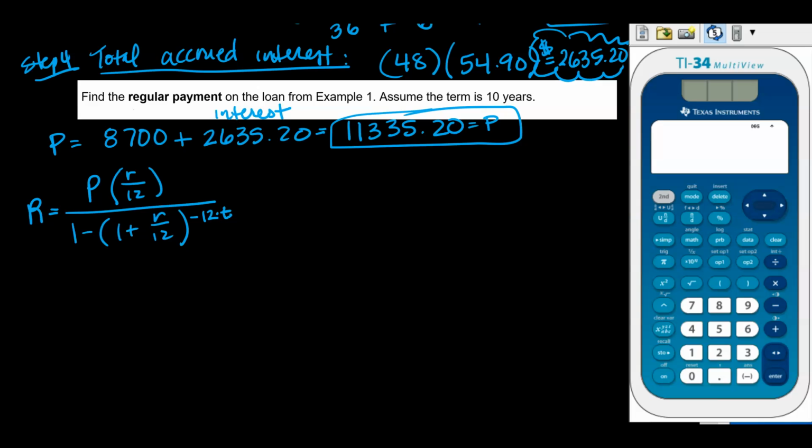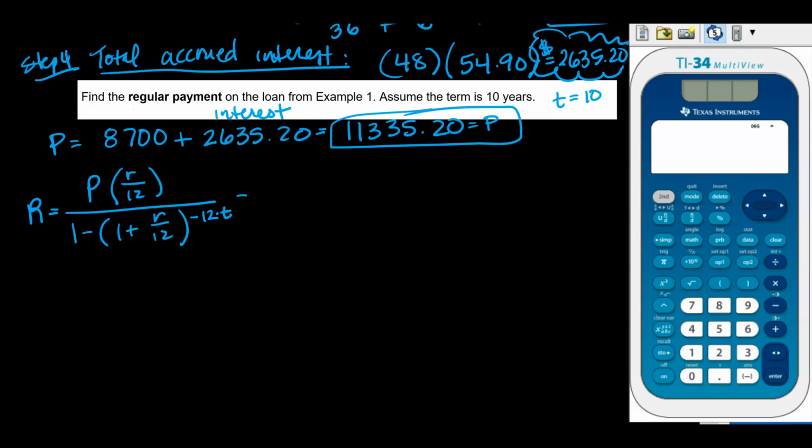A lot of times the t will be 10 years, and so 10 times negative 12 gives you negative 120. So if you see that and you're wondering, that's why. It's just because t happened to be 10. I'm going to leave it like this though. I think it's flexible this way. That way, if you run into a problem where the term isn't 10 years, you'll know what to do.